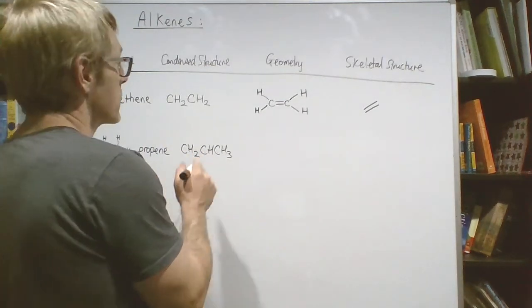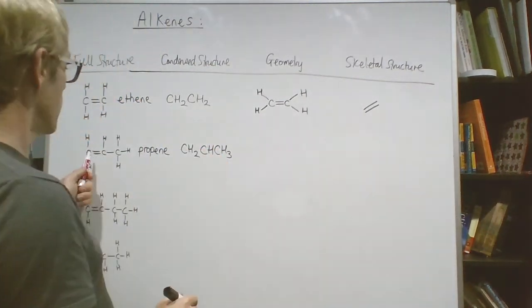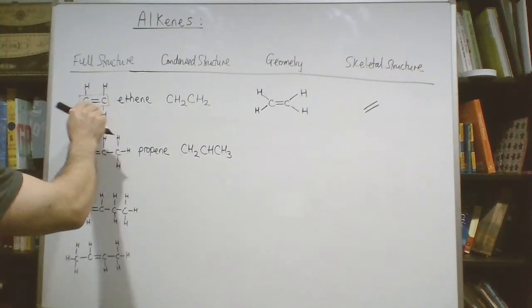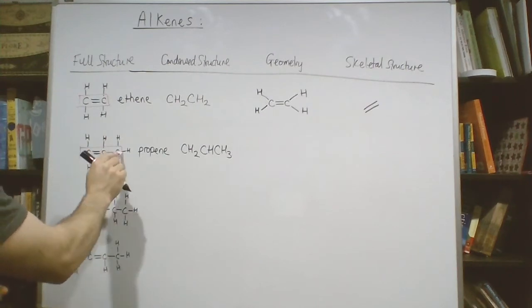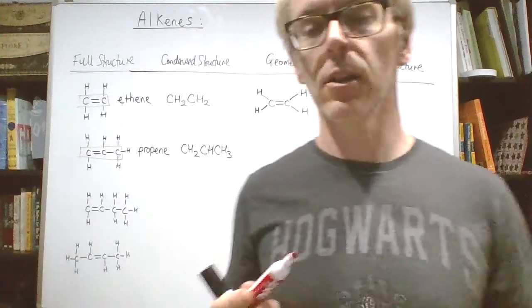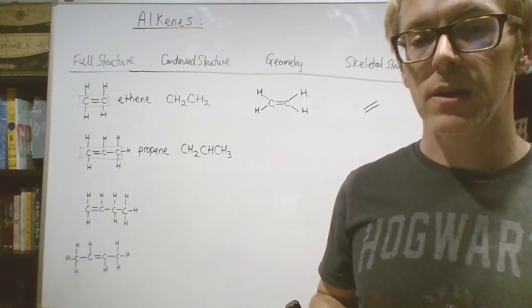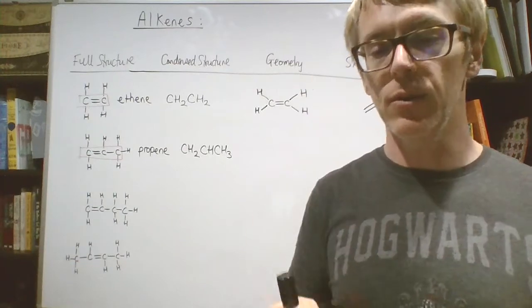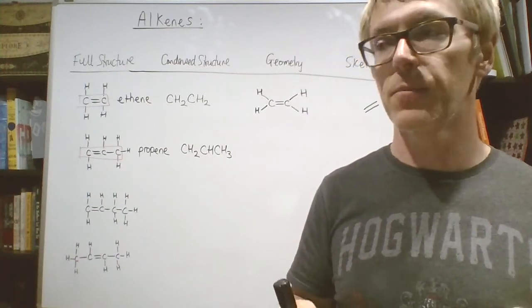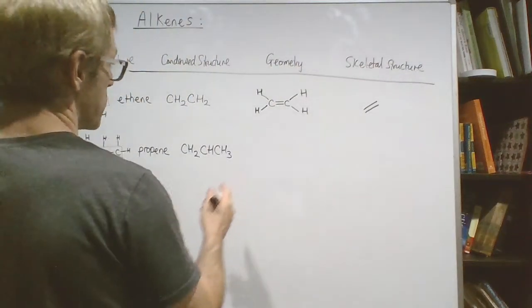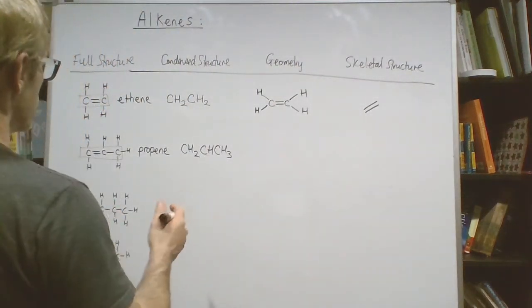If I were to look at the geometry, again, I would look for the longest continuous chain, just like I did here. And on this occasion, the longest continuous chain must include the double bond. So you can't have a longest continuous chain elsewhere without the double bond. If you have at least one double bond, that double bond must be in your longest chain because it's the new dominant feature.